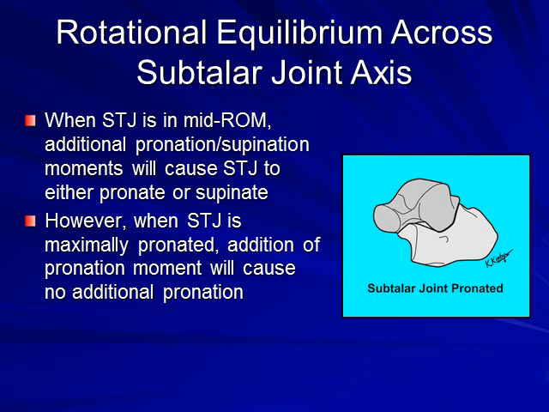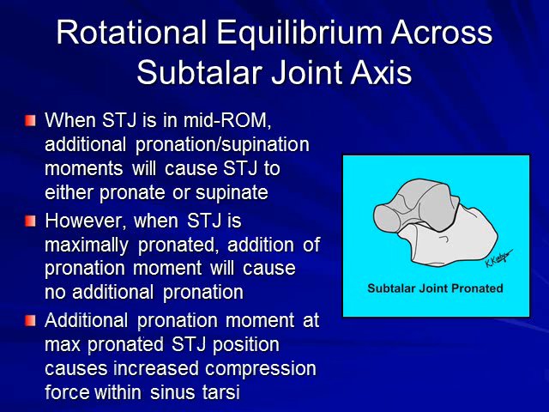When we reach this maximally pronated position of the subtalar joint, which is caused by the lateral process of the talus striking against the floor of the sinus tarsi of the calcaneus, there is exerted an interosseous compression force between the lateral process of the talus and the floor of the sinus tarsi of the calcaneus.